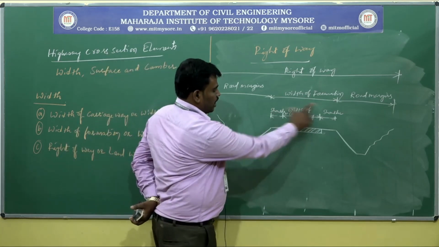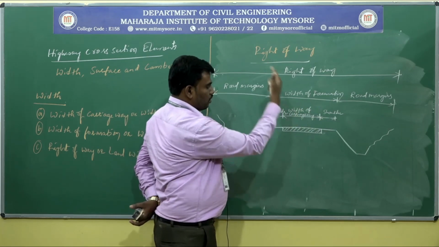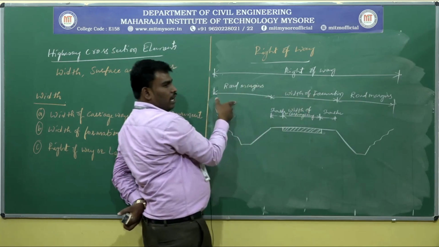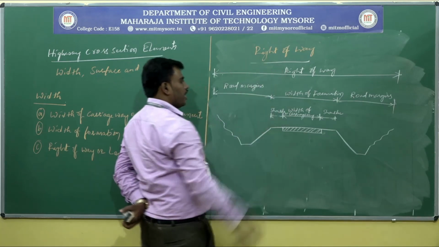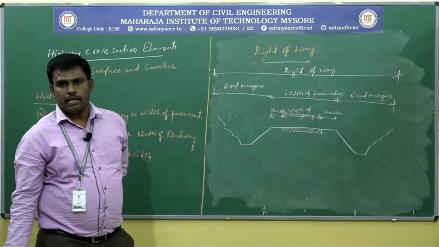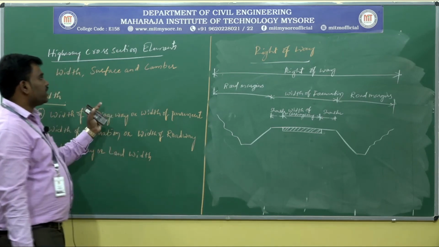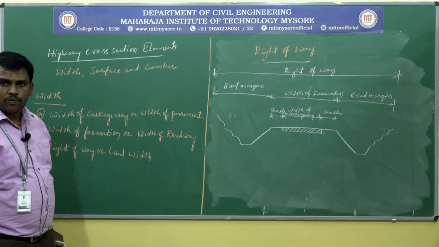Width of carriageway, on either side there will be a shoulder. Width of carriageway and the shoulders give the width of formation. Width of formation and the road margins on either side will give the right of way. Okay, this is regarding the first element of highway cross section, that is width.